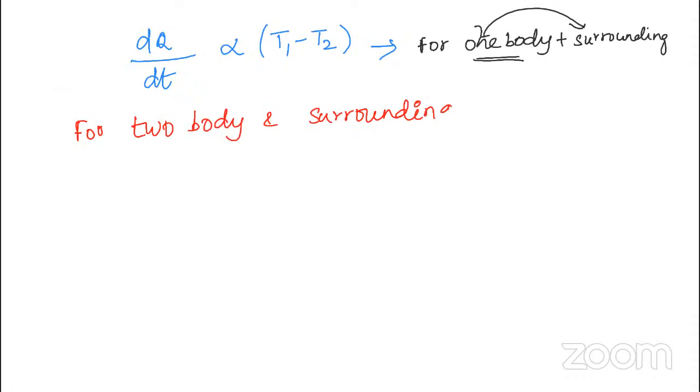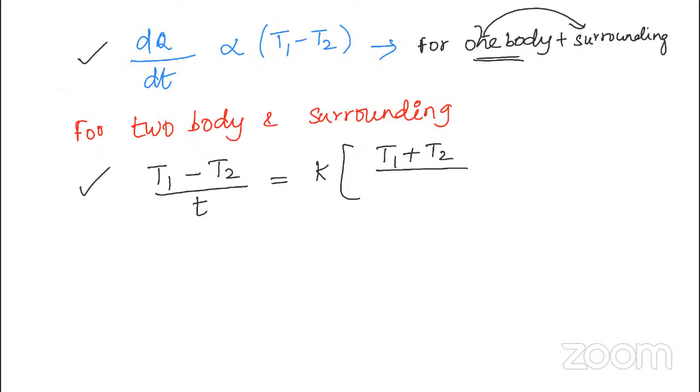If they give two bodies and their surrounding temperature, which formula do we choose? That is T1 minus T2 divided by t is equal to K into (T1 plus T2 divided by 2 minus TS). This is the formula.